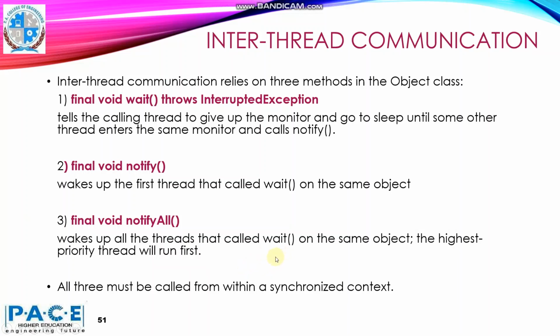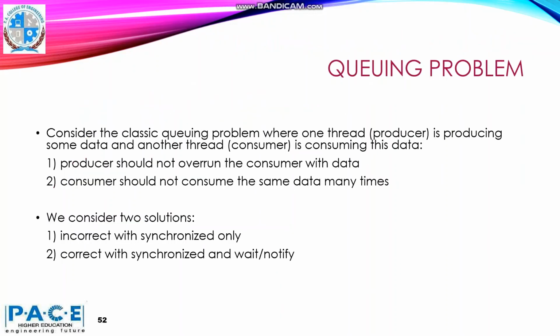Why is inter-thread communication required? Why is it necessary? That we'll see with one example in the next slide. We'll be considering the queuing problem. Consider the classic queuing problem where one thread called producer is producing some data and another thread called consumer is consuming this data.